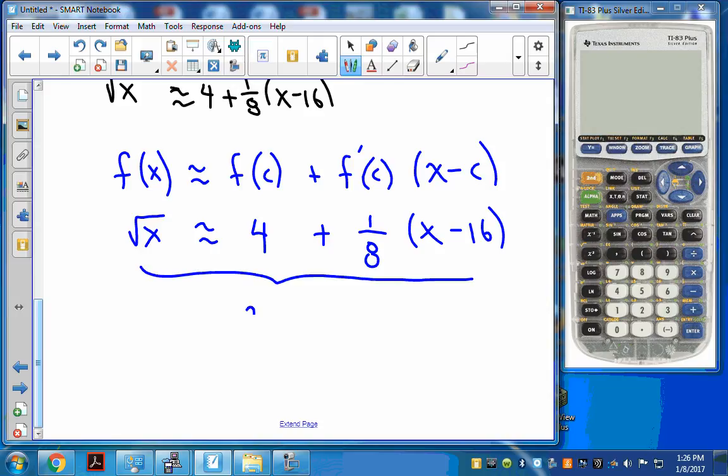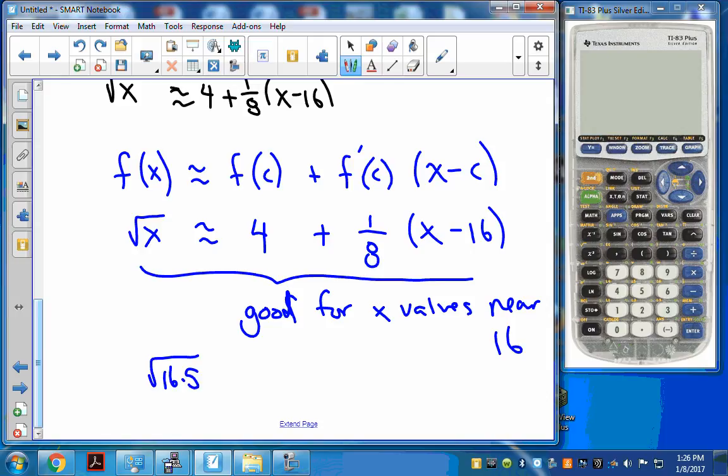Okay, so this is our approximation, and this is good for x values near 16, right? Near the point of tangency, near 16. So sure enough, the square root of 16.5 is about 4. Well, we sort of knew that.